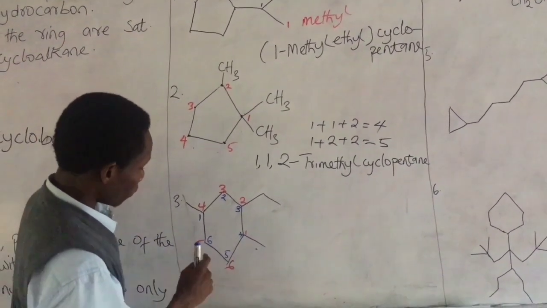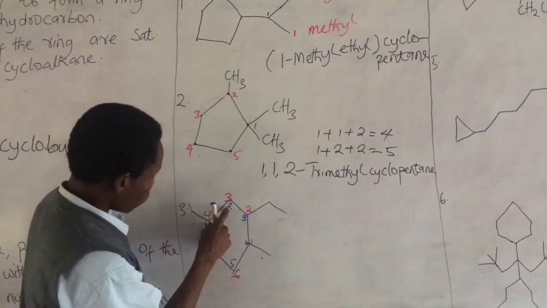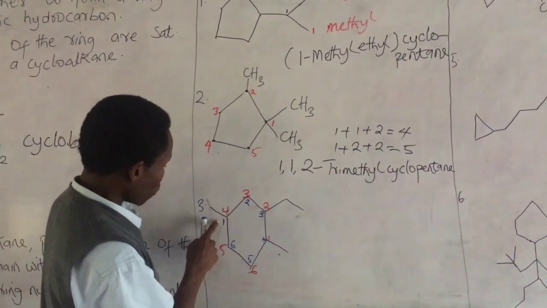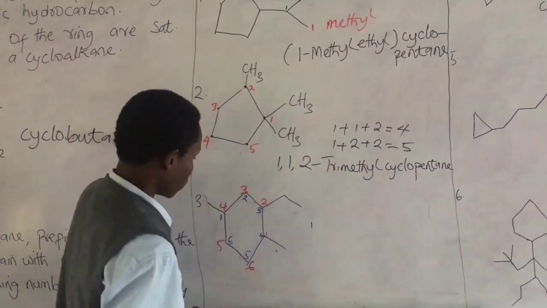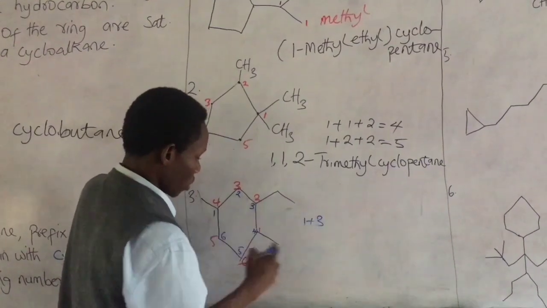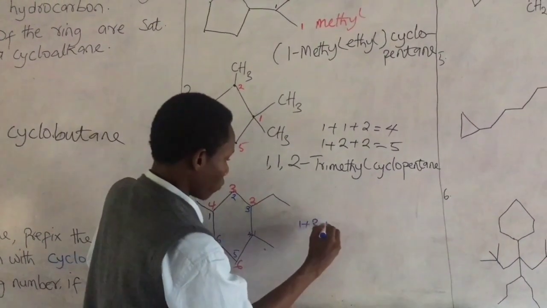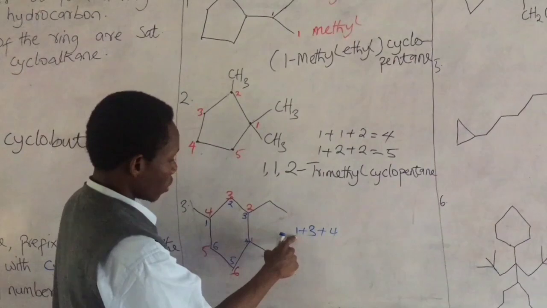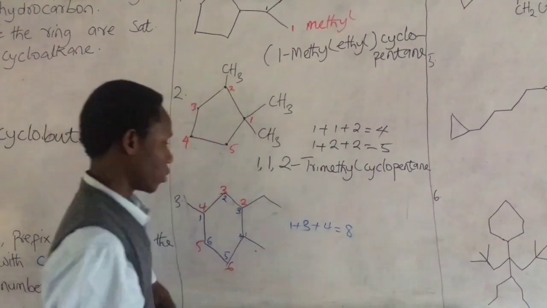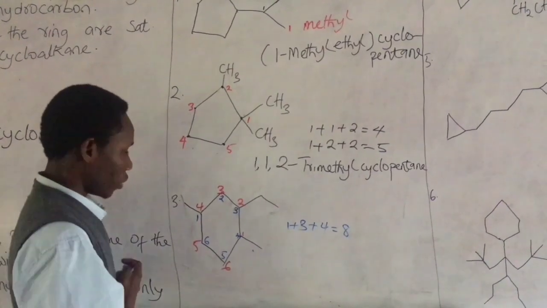If you are taking this way, 1, 2, 3, 4, 5, and 6. The first substituent will be on carbon 1. The second substituent will be on carbon 3. And the last substituent will be on carbon 4. 1 plus 3, 4, plus 4, 8. Alright, let's go for the red marker.